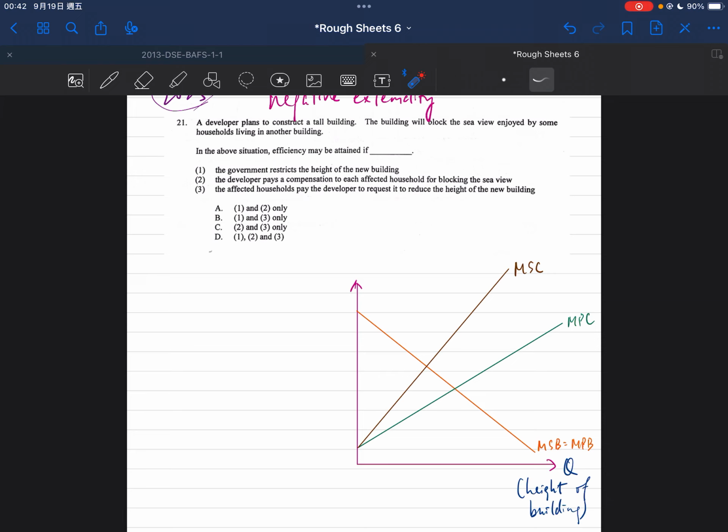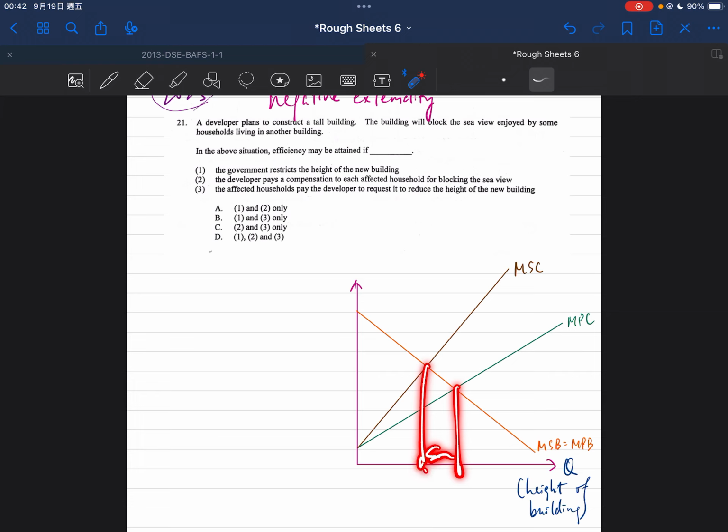So let's see which of the following could solve the problem and may cause efficiency to be attained. Let's see the first one: the government restricts the height of the new building. When the government restricts the height, it forces the height of the building down towards the efficient level.